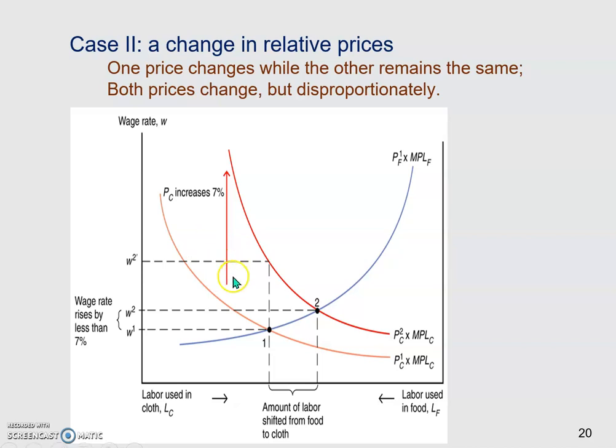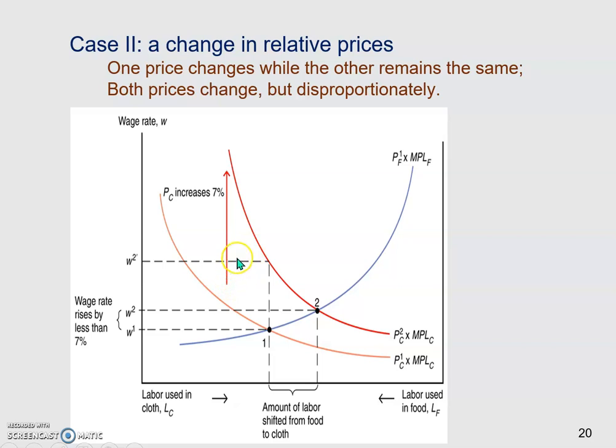Because after the price goes up, for each unit of cloth sold on the market, the cloth producer can receive 7% more revenue, right? Now, because it's more profitable, it tends to expand. It wants to produce more, right?